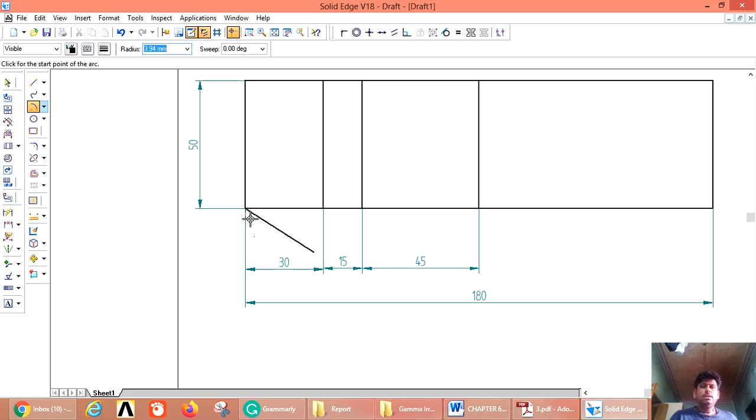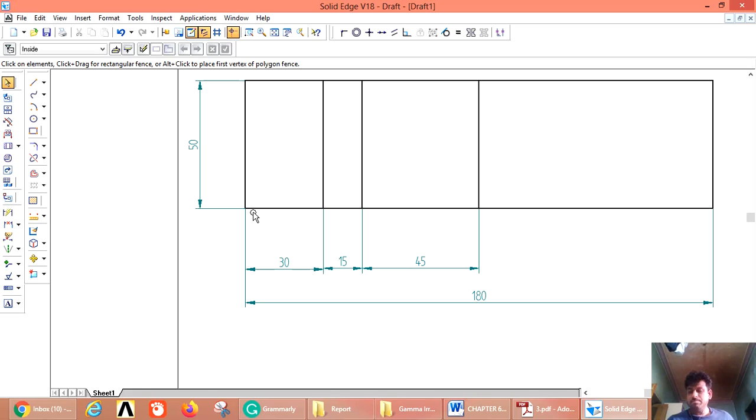I need to divide this into 6 equal lengths. Or, by the analytical method, or if you know any other method of dividing this 30 mm into 6 equal parts, it is also okay. So 30 mm divided by 6 is 5 mm. So for every 5 mm you divide this line.